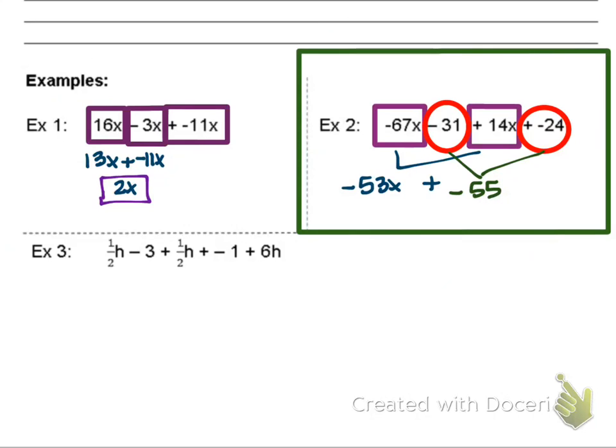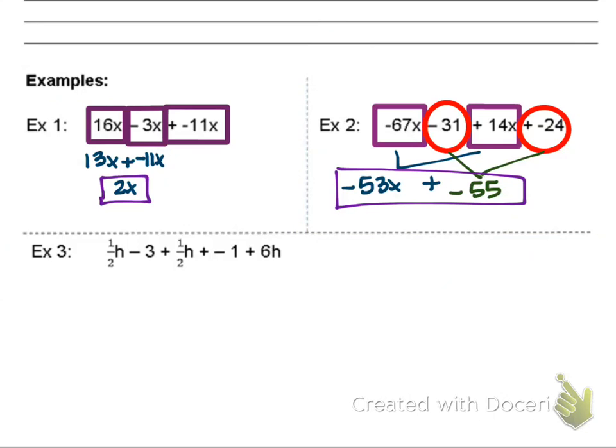And in this case, I always want to double check to make sure that those are not like terms when I have finished off. So if I have a look here, I have negative 53x, and here I have negative 55. This term here does not have an x term, so I cannot combine it with the term in front. So that is essentially my answer. So I'm going to go ahead and box my answer in.